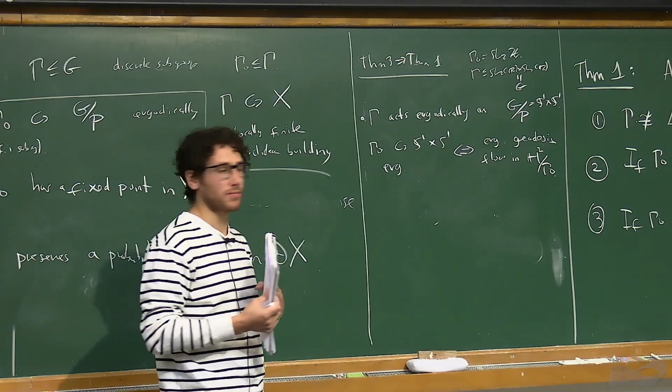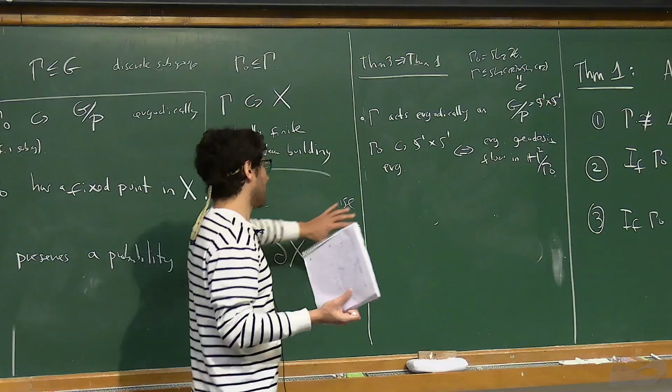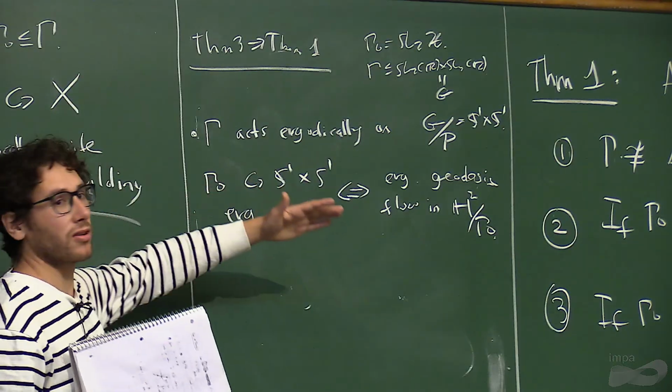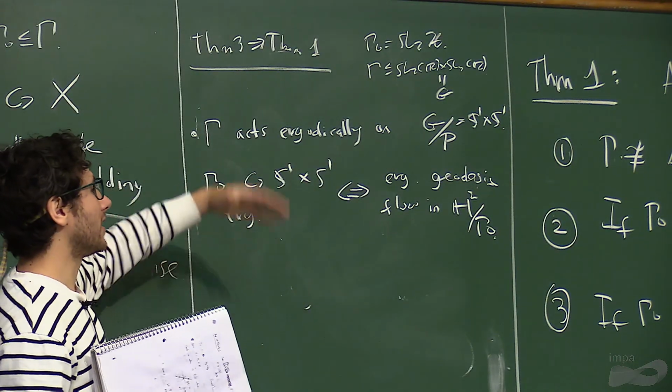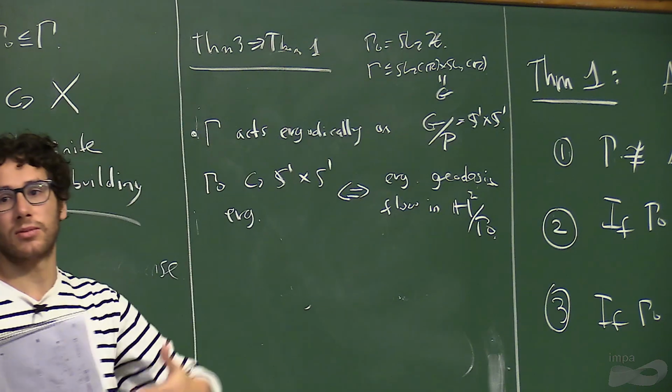So the Margulis conjecture says that ergodicity of the action on G mod P is equivalent to being a lattice.